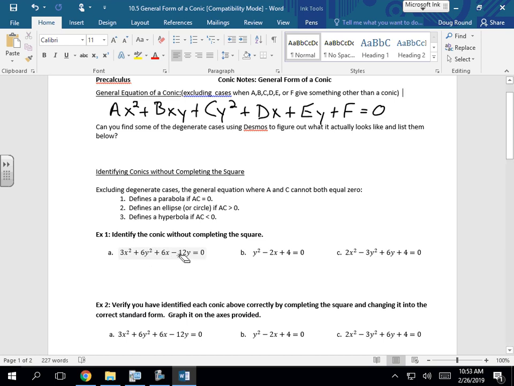Yeah. Type it into Desmos. Try it. 3x squared plus 6y squared plus 6y minus 12y equals 0. Type it into Desmos. See what you end up with. And I'd like you to write it down.